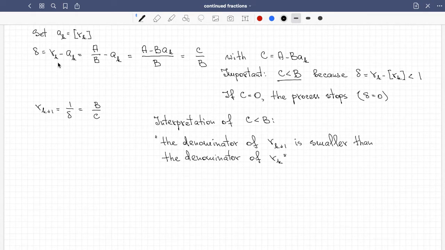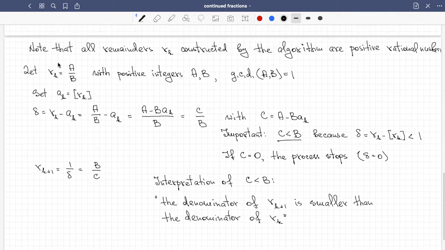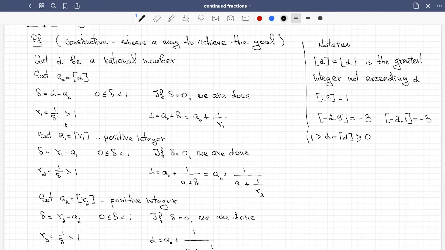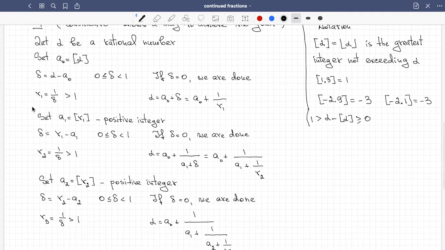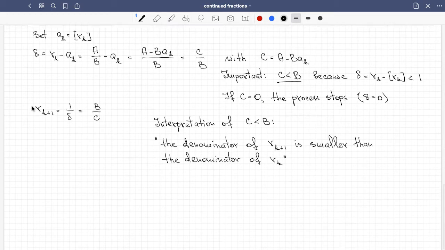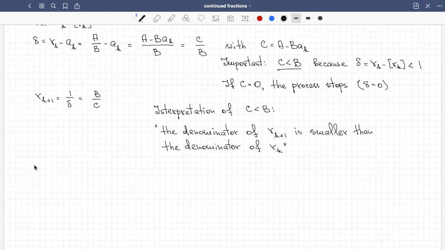So the first remainder R1 has some positive integer as a denominator. It is some rational number bigger than 1, whatever. So we can write this rational number R1 as a reduced fraction.